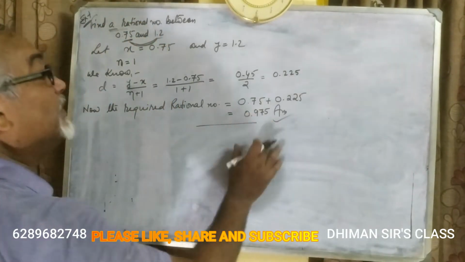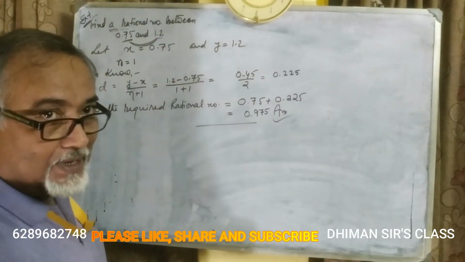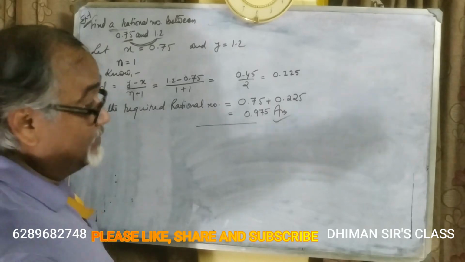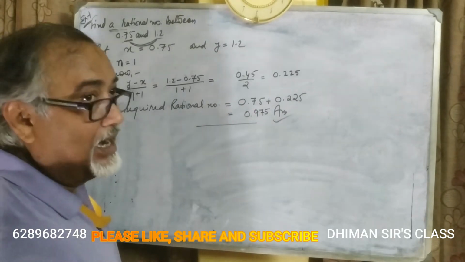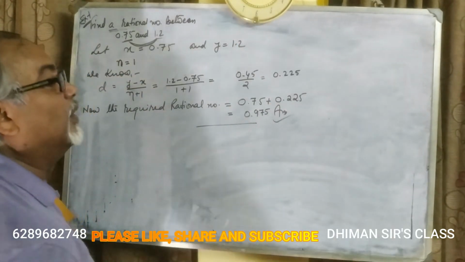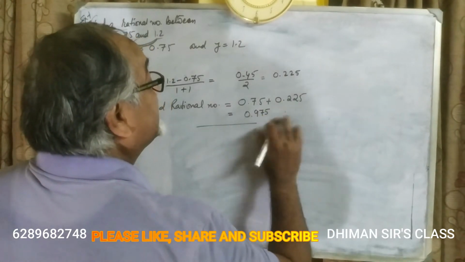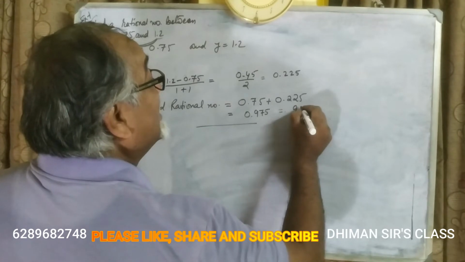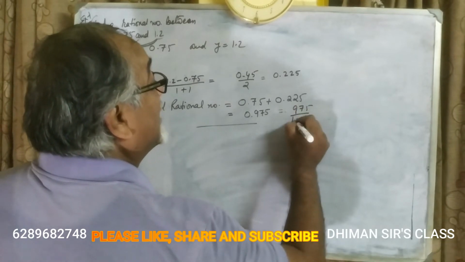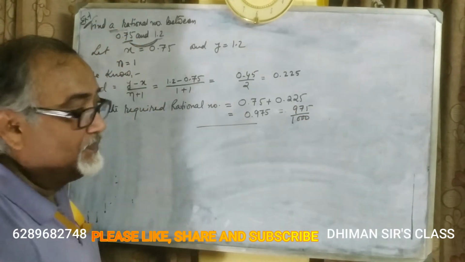You have to convert it. Of course, now it is in decimal. Some of your school teachers may tell you to convert it into a rational number, meaning P by Q form. In that case, you will say 975 by 1000.